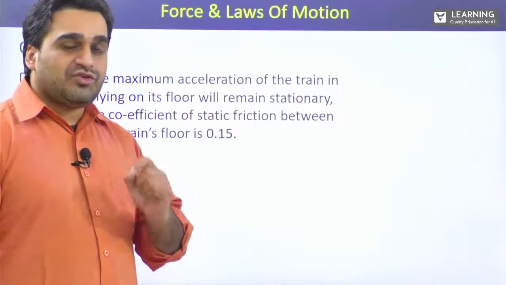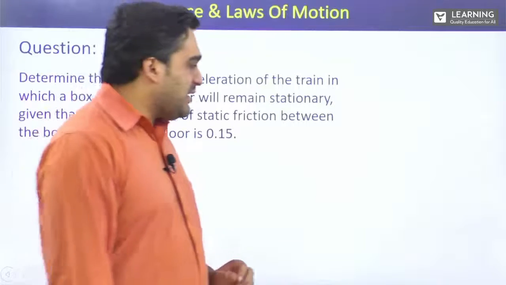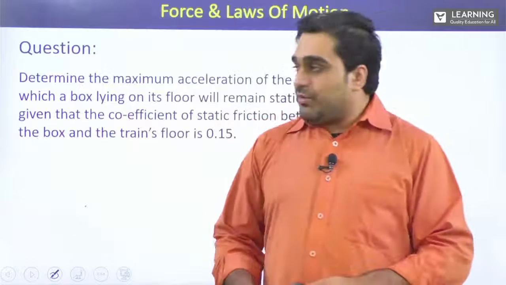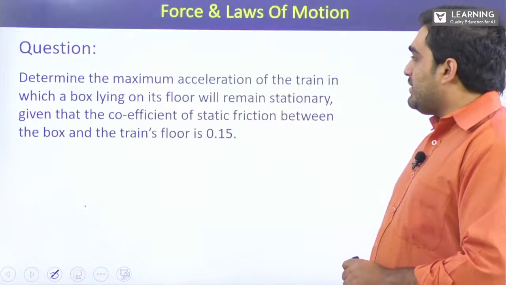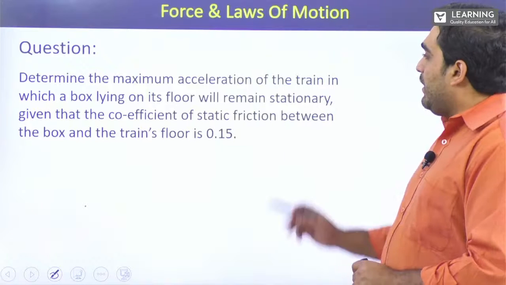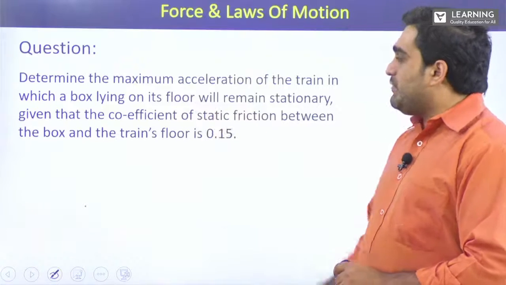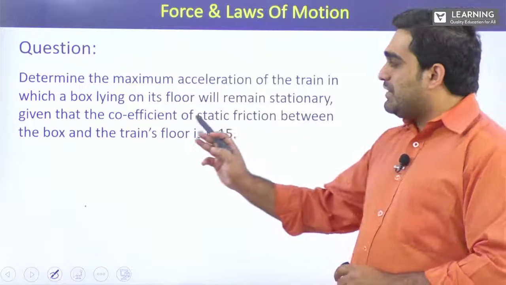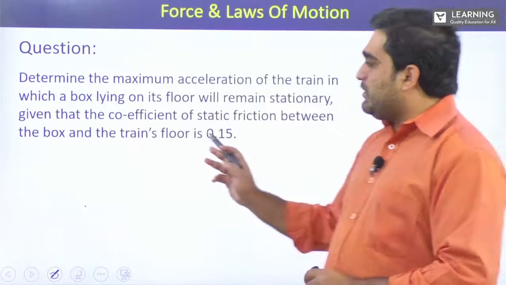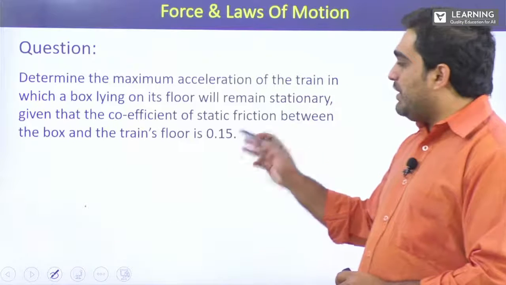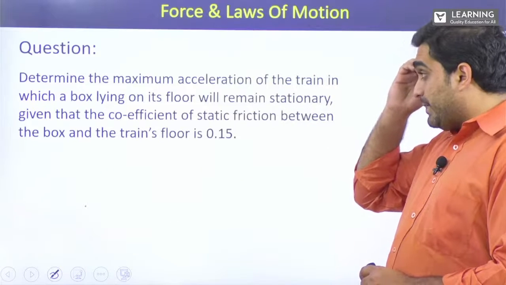Now we try to solve a problem for better understanding. Let's read the question. Determine the maximum acceleration of the train in which a box lying on its floor will remain stationary, given that the coefficient of static friction between the box and the train's floor is 0.15.